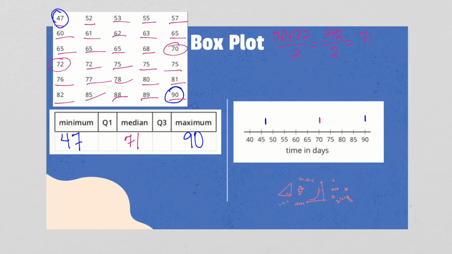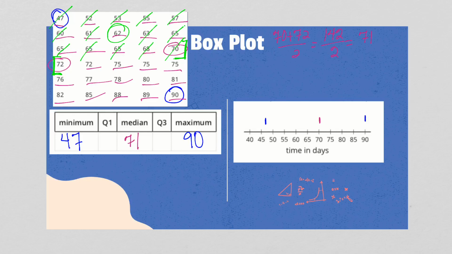And now I'm going to take my green. And we're going to go all the way through here for our Q1. So for Q1, we're going to start at the beginning, right? Because it's in our first quartile. So we're going to go from here to here. Do the same thing that we did earlier. All right, I'm going to double check that I have the right number. We have 1, 2, 3, 4, 5, 6, 7. 1, 2, 3, 4, 5, 6, 7.